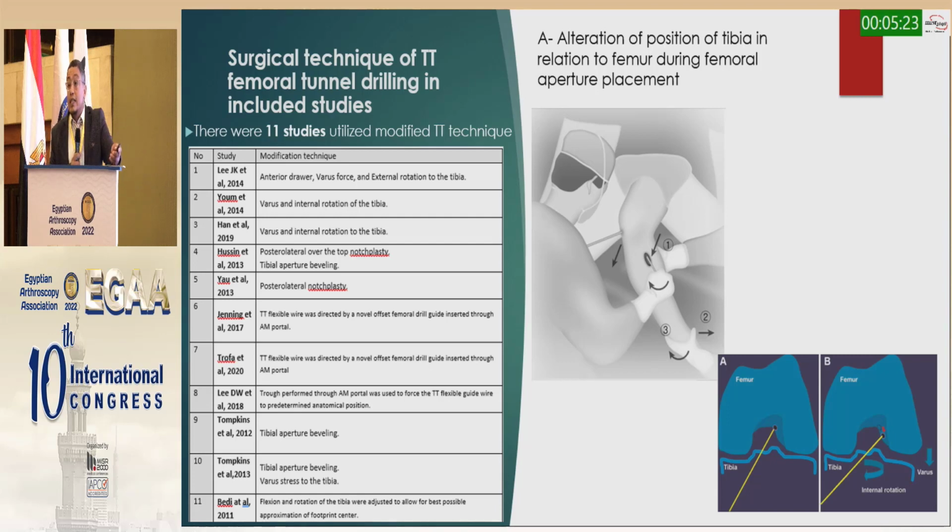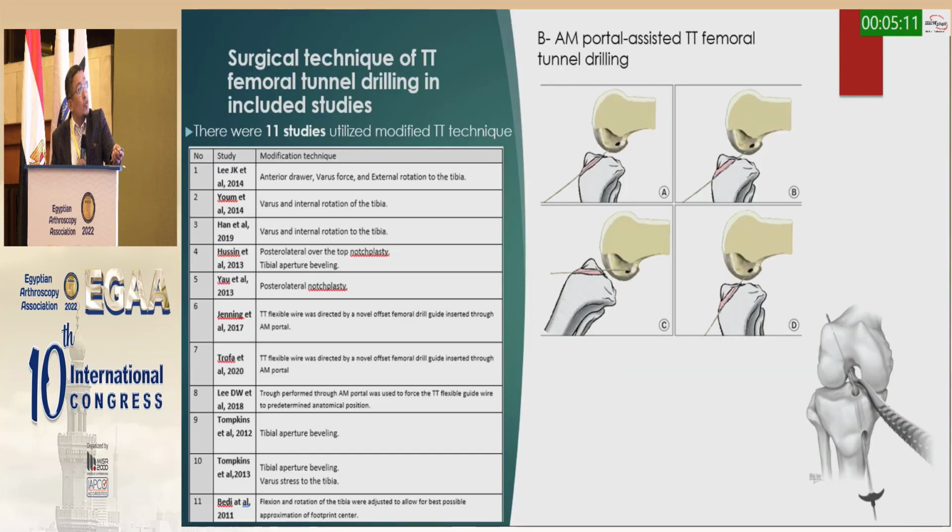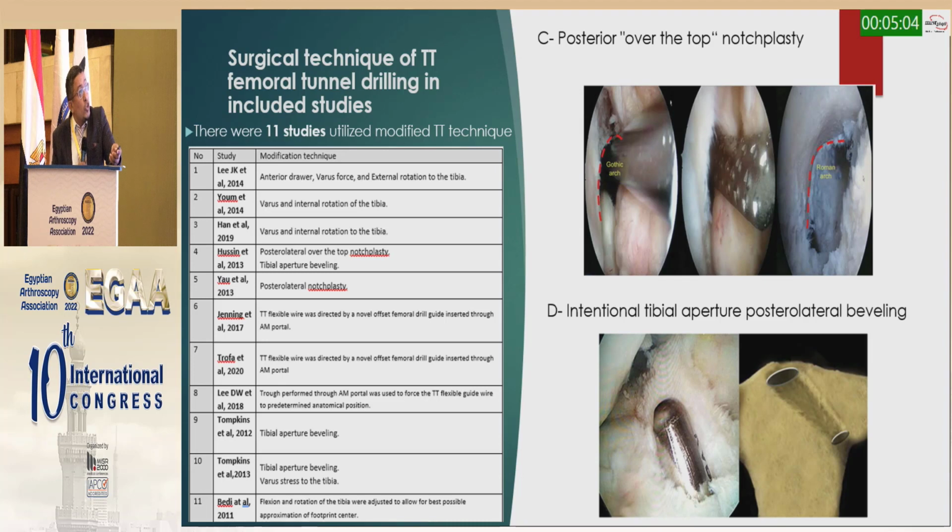We could group them into one of four ideas: either alteration of the position of the tibia in relation to the femur during femoral tunnel drilling, or anteromedial portal assisted transfemoral tunnel drilling technique, or posterior over-the-top notchplasty, or intentional tibial aperture posterolateral beveling. These are the four ideas which we found for the modified transtibial technique.